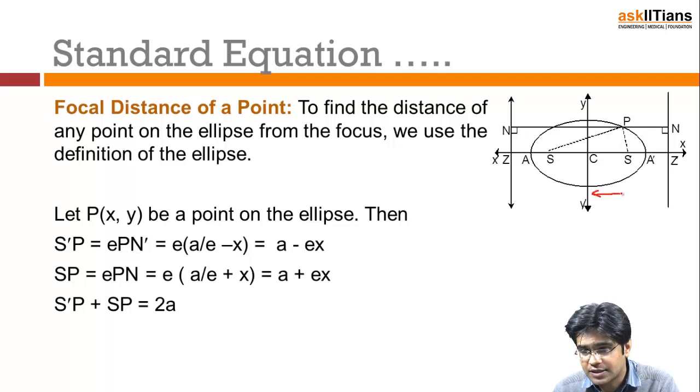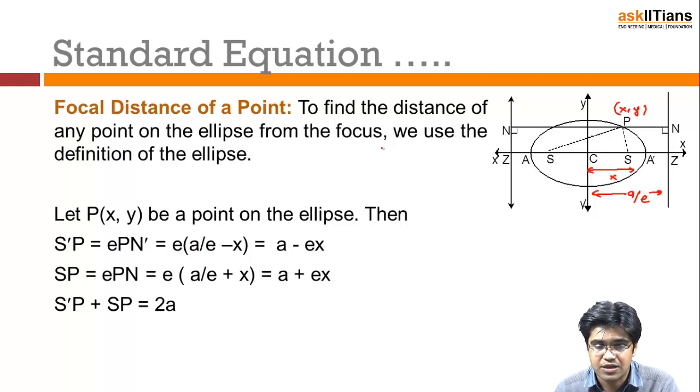This distance is a by e and this distance is x, because the coordinates of P are x comma y. So P n dash will be a by e minus x, and e times P n dash is e times a by e minus x. That is, if you multiply e inside, you will get a minus ex.